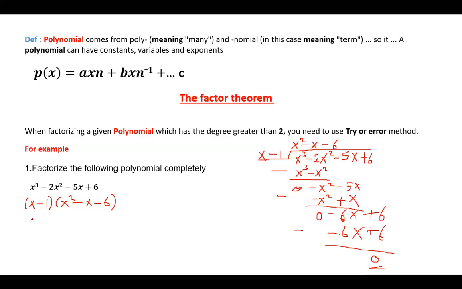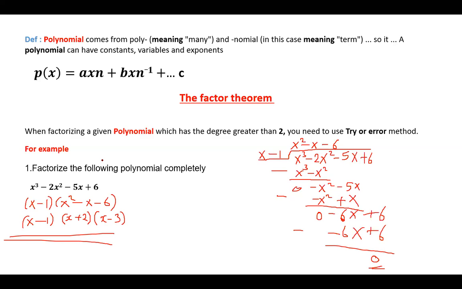When you factorize this, you are going to have x minus 1, and then when you factorize this quadratic, you get x plus 2 as one of your factors, and x minus 3 as another of your factors. So when you do this, it means that you have factorized the polynomial completely.